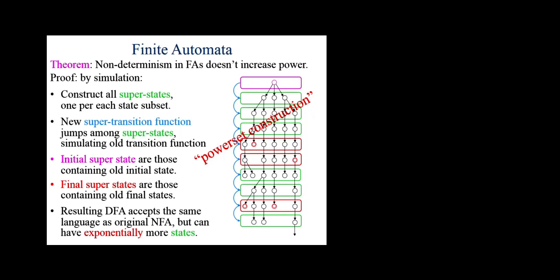At most, because there's only 2 to the k possible subsets of states, and if each one of them is appearing here somewhere with transitions in and out of it, the machine will only be 2 to the k large. Now I say only in quotes because 2 to the k is a big number, but the point is it's a finite number. It's not an infinite size object. It's still a finite number of states, and therefore it's a finite automaton.